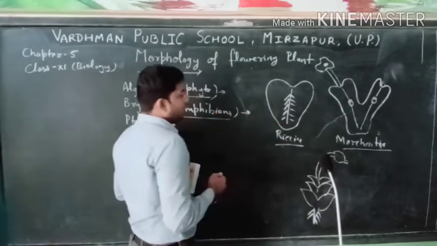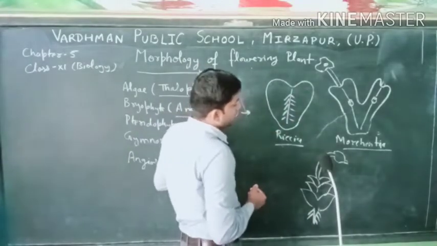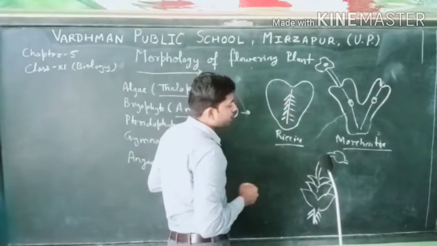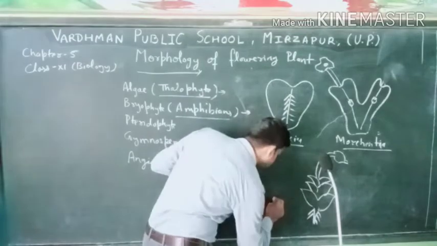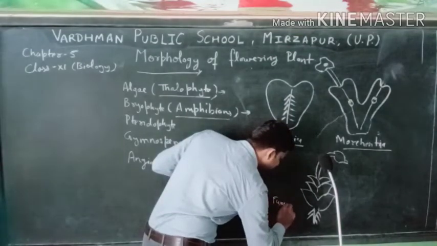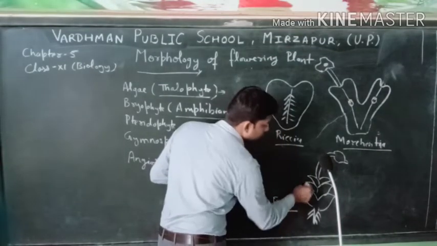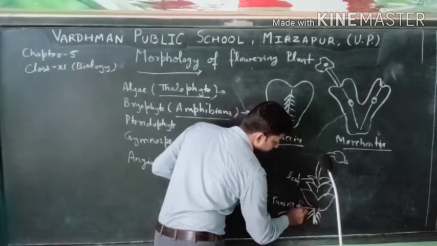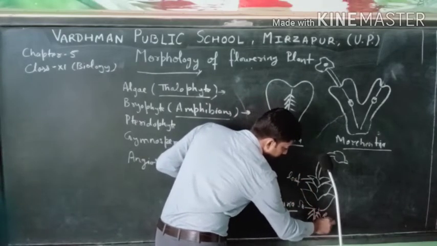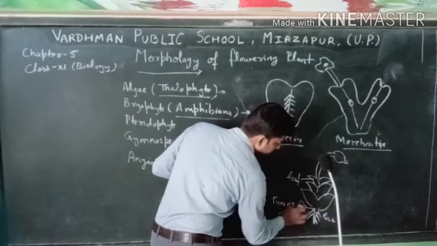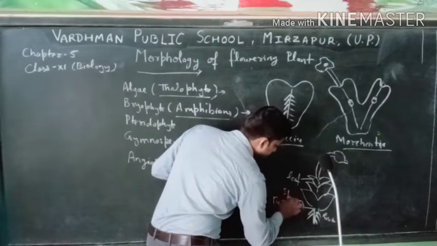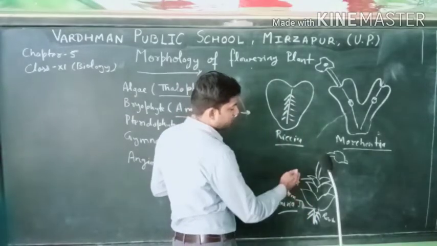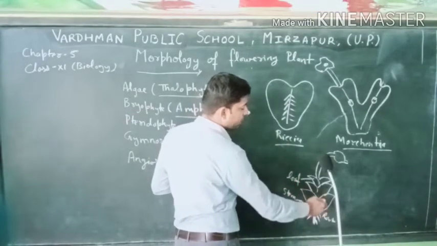If we see our diagram, we do not find any type of leaf, stem, root-like structure. But in the case of Funaria, leaf, stem and root-like structures are present, but they are known as false leaf, false stem and false root.